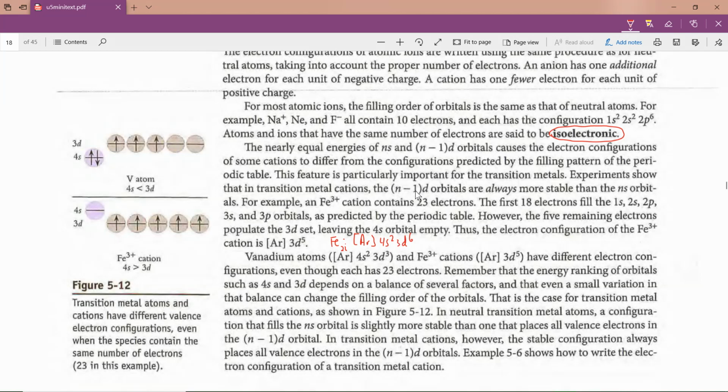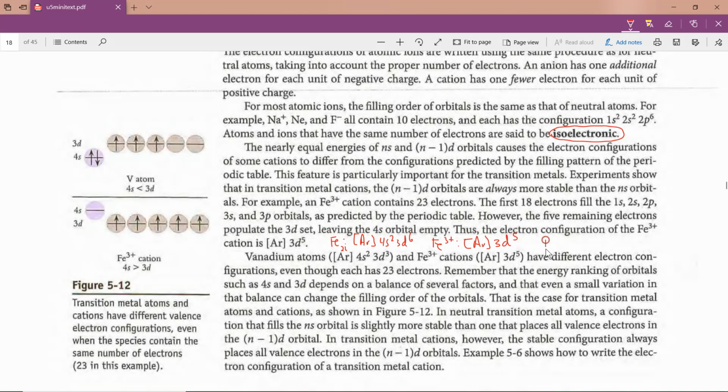The n-1 d electrons are always more stable. So yes, use the trapezoid, but then you don't use it anymore, and you just say, okay, so for Fe3+, you kick out the 2 electrons from the 4s and 1 from a d, so it becomes argon 3d5. So that's Fe3+.